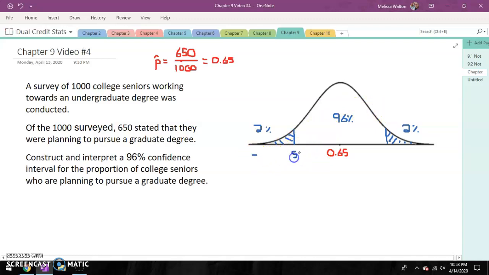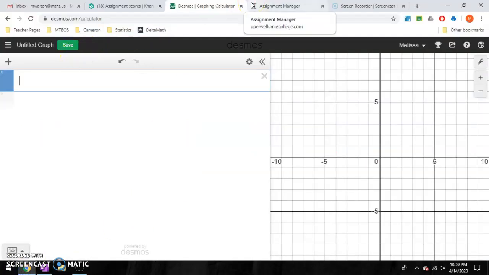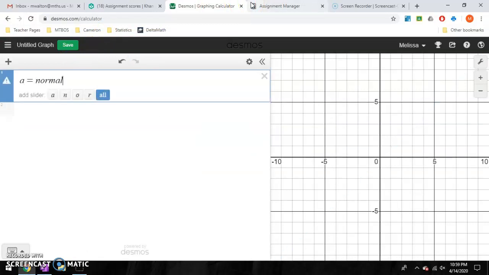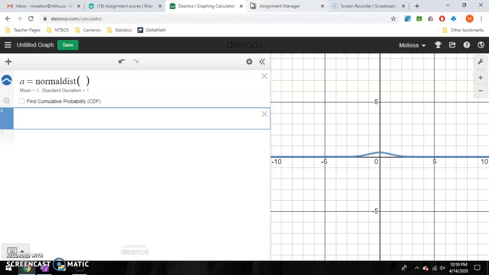How many standard deviations below are we subtracting, and how many are we adding? Here we go, Desmos. Don't forget, this is a normal distribution. I'm going to define it as A, and I'm looking for inverse CDF.